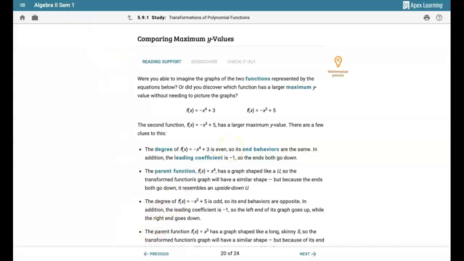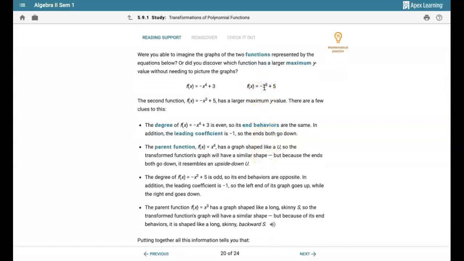is compare maximum values. Shifting away from looking at that absolute max peak, we can tell that this function here is going to have a larger maximum y value. The reason is that the parent function for this one will continue to go on forever and ever into positive and negative infinity.